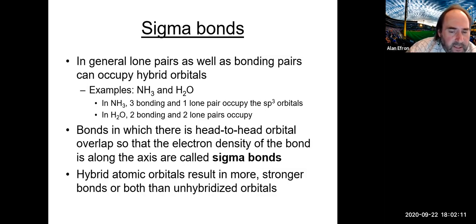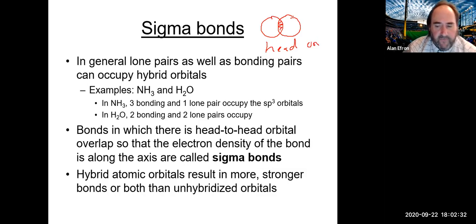Now, when we talk about bonds that are happening, there's a couple different types of bonds that we come across, and one's what is referred to as a sigma bond. A sigma bond is a bond that occurs when an orbital and an orbital go head on. So they head right at each other.